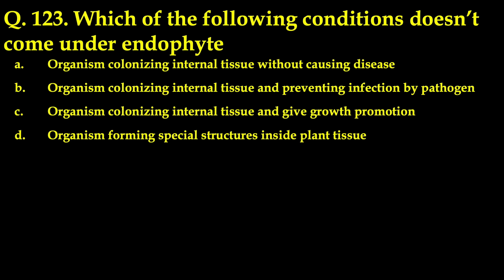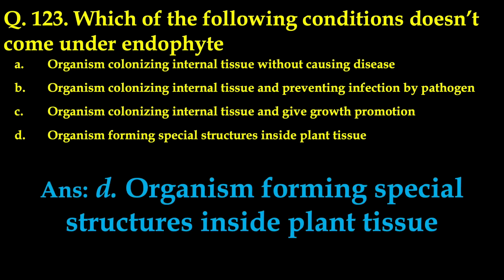So here, before answering the question, please try to understand the meaning of endophyte and its behavior, and then you can give the correct answer. The correct answer for this question is organism forming special structure inside the plant tissue. Endophytes survive inside the host tissue, but they do not cause any disease to the plant.